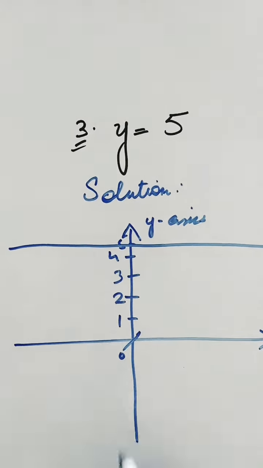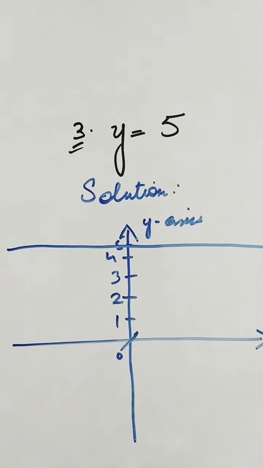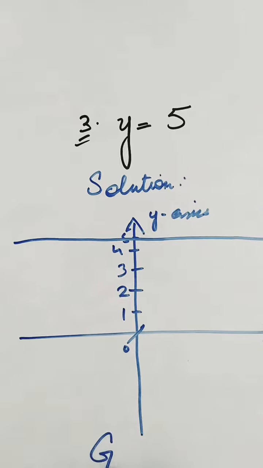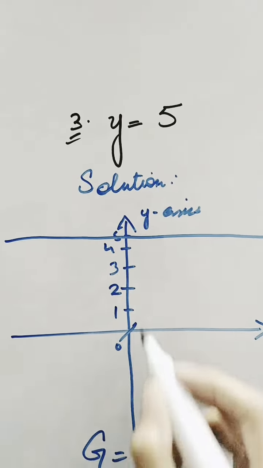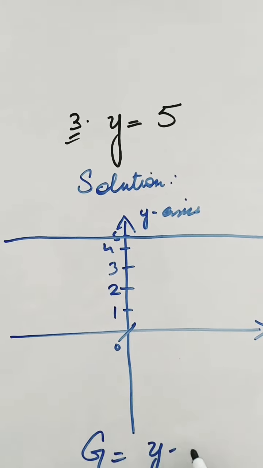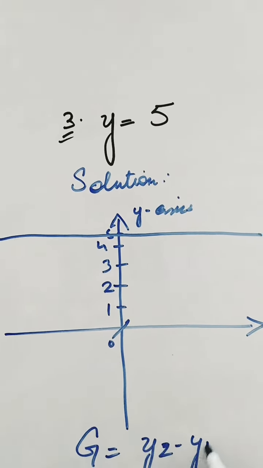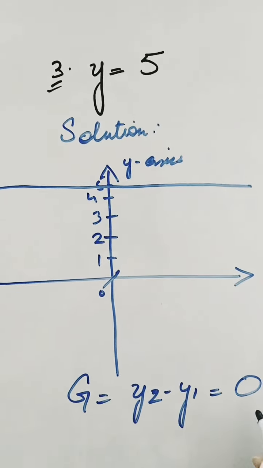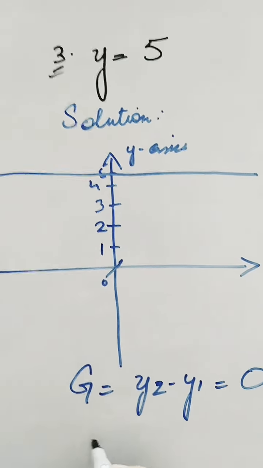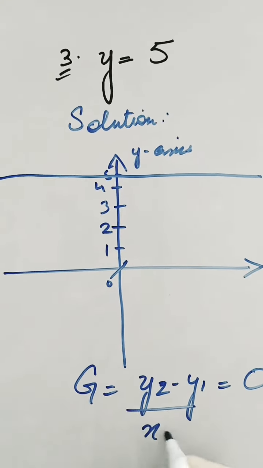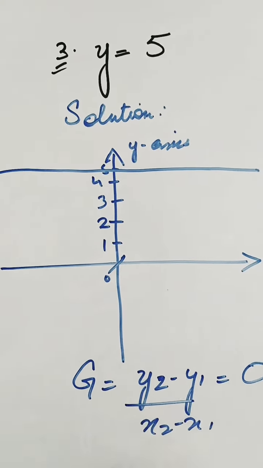So for all the values of x, y equals 5, and we know that if y is the same for all the values, then y2 minus y1 becomes 0, and 0 divided by anything is 0.